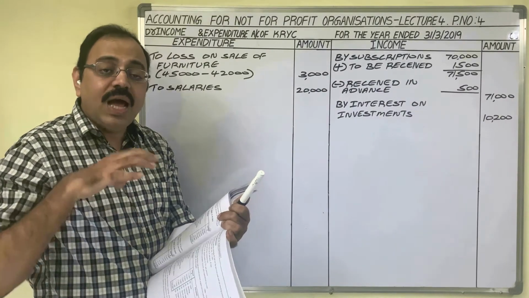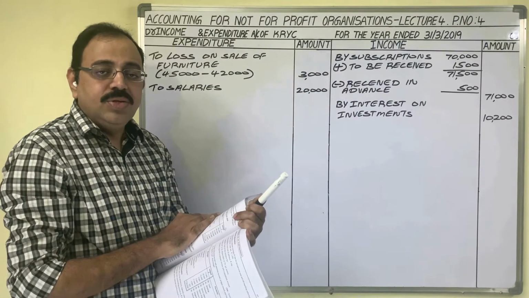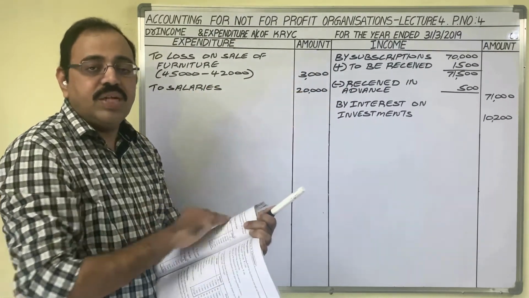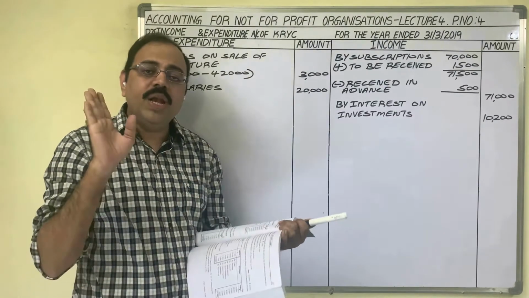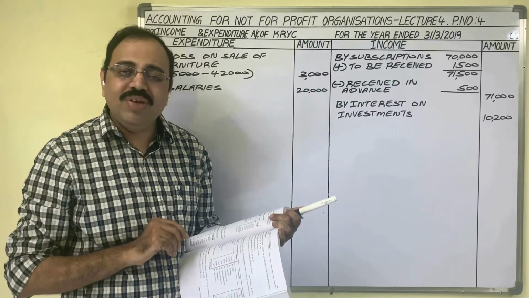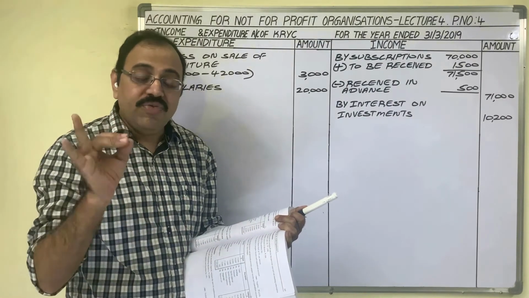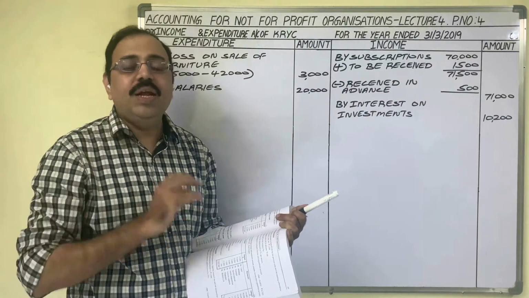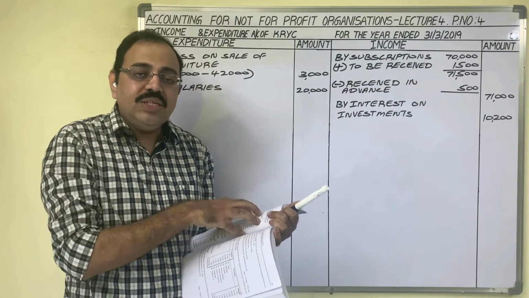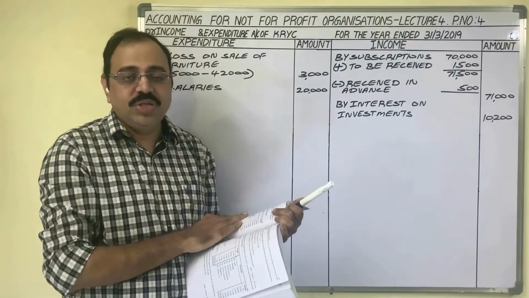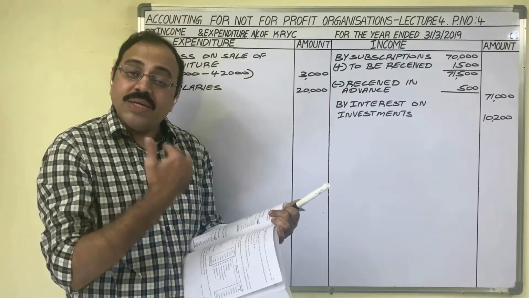Next, fixed deposit. We deposited our money in bank. So you can deposit in four ways. Maybe by opening one SB account, savings bank account, or current account, fixed deposit account, recurring deposit account. So this firm opened a fixed deposit account with some amount. So cash is going.